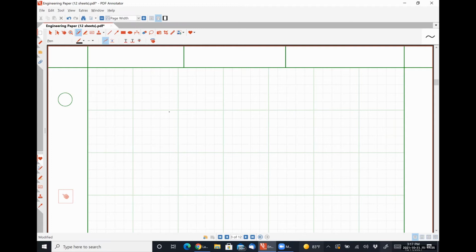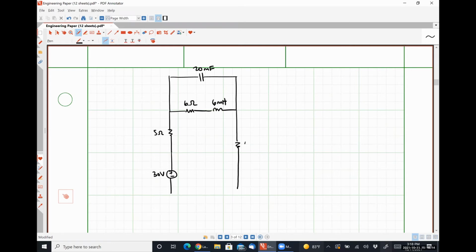Let's say that we have the following circuit where we have a 5 ohm resistor like so, a 30 volt source, a 6 ohm resistor like so, a 6 millihenry inductor, a 20 millifarad capacitor, a 4 ohm resistor, and a 10 ohm resistor out here, a 2 henry inductor here.